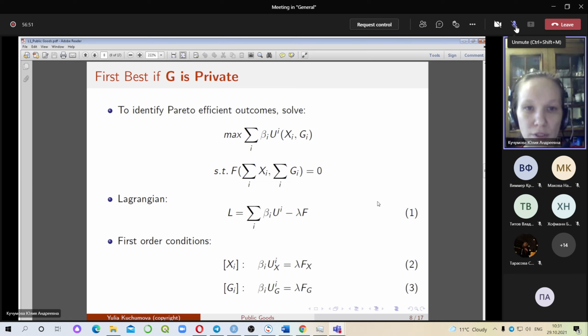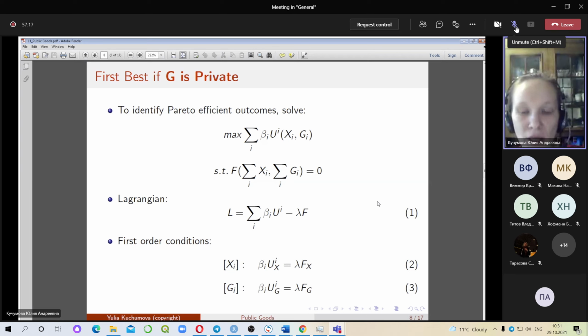So what is the optimal amount of good X and good G that maximizes social welfare subject to the production possibility constraint in this economy?